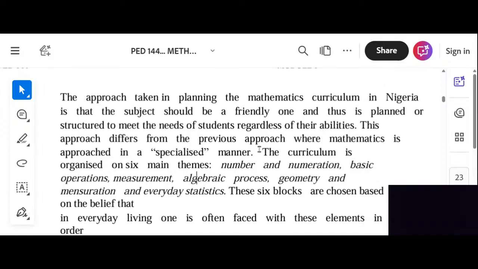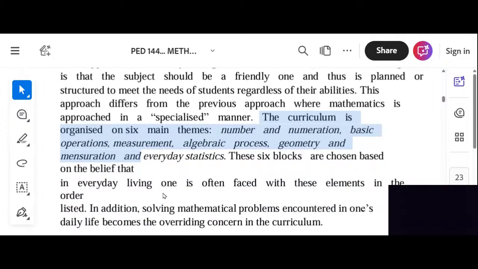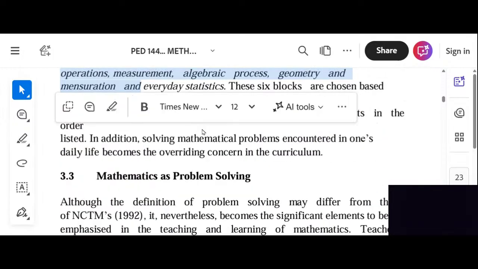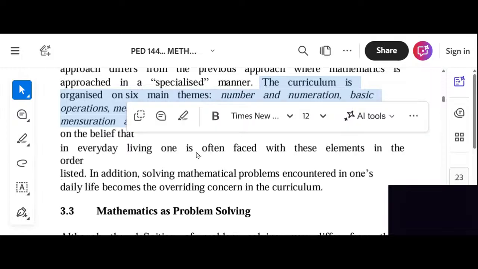Now, the curriculum is organized on six main themes, like we've mentioned earlier: number and numeration, basic operations, measurement, algebraic processes, geometry and mensuration, and everyday statistics. These six blocks are chosen based on the belief that in everyday living, one is often faced with these elements in the order listed.